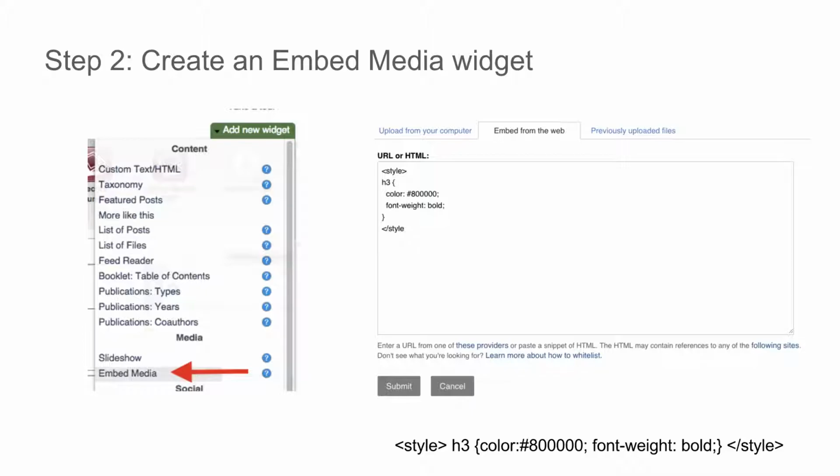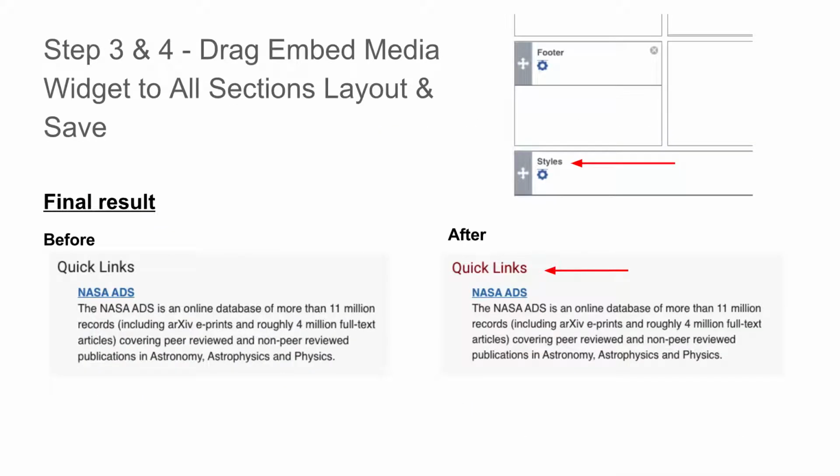So style tag wrapped around your CSS, you submit it and save it, and that's pretty much what we do to layer on the styles. And the last step is adding it to your layout. So you'd go into the all sections layout and then put it somewhere, generally in the footer. And then hopefully you will have your desired result. So if you were changing this to red in that instance, okay?